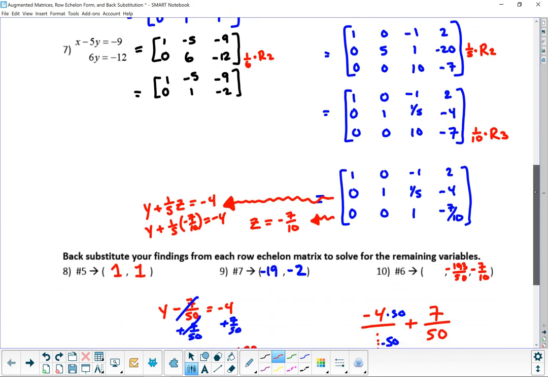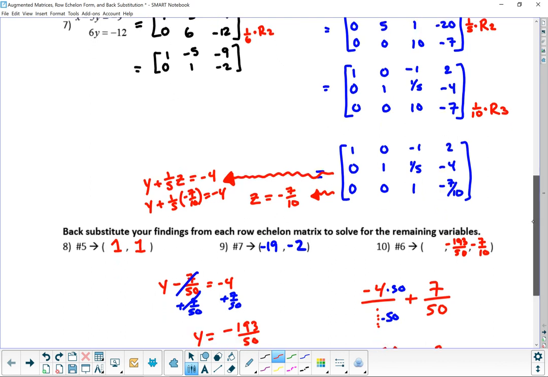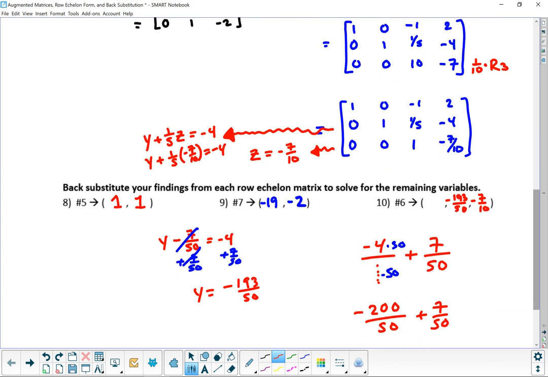Okay, that's fine. Then we go 1/5 of row 2, so yeah, that looks good. And then see if I copy everything else correctly. Yep. And we're going to go 1/10 of row 3, excuse me. Yeah, everything looks good.